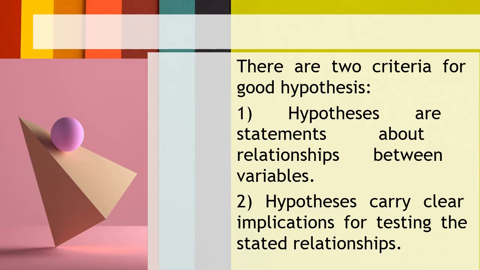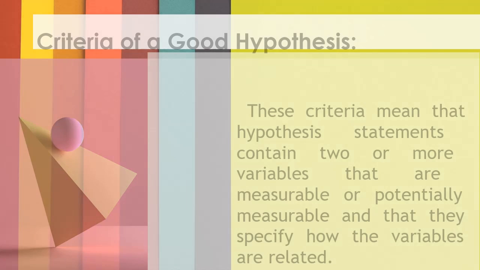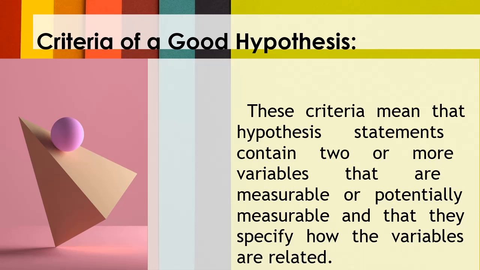Hypotheses carry clear implications for testing the stated relationships. The readers must understand why there is a need to test the said relationship upon reading the study's hypothesis. These criteria mean that hypothesis statements contain two or more variables that are measurable or potentially measurable and that they specify how the variables are related.